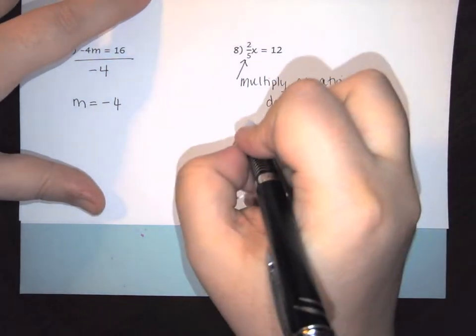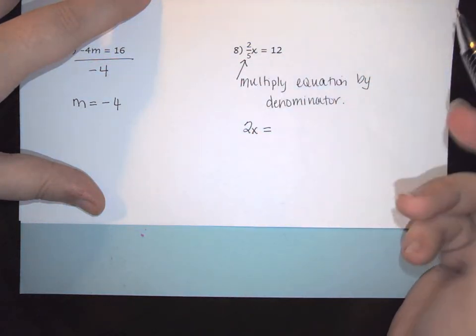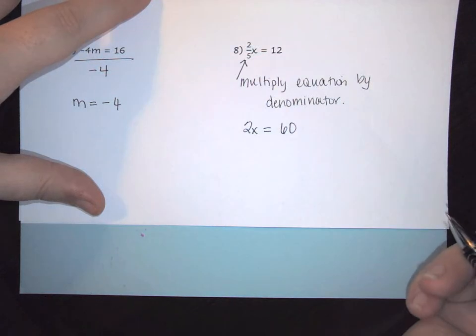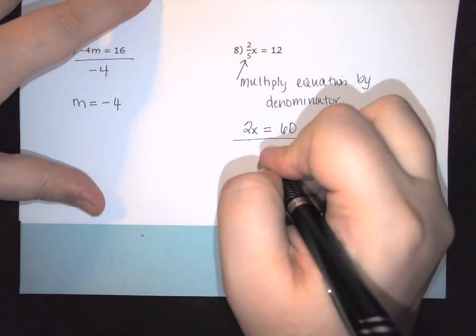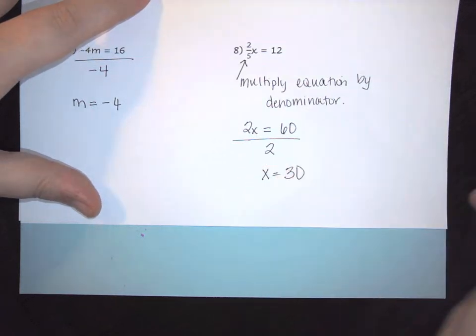So in doing that, we're going to end up with 2x is equal to 12 times 5, which is going to give me 60. Then I need to divide everything by 2, and x is equal to 30.